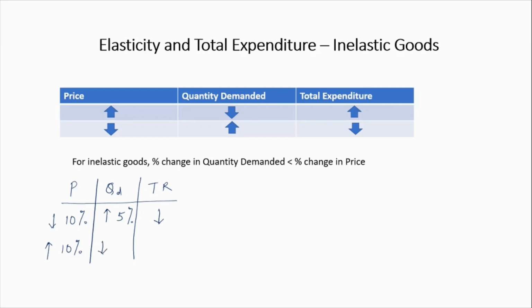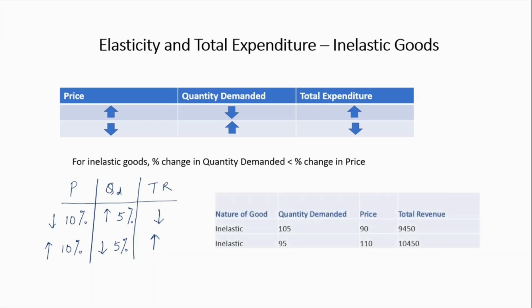Now, likewise, when my price increases by 10%, my quantity demanded decreases only by 5%, which means it is less than 10%. So let's take an example here. Look at this table. So let's again assume that my initial quantity was 100 and my price was also 100.